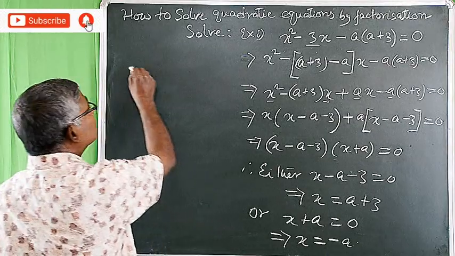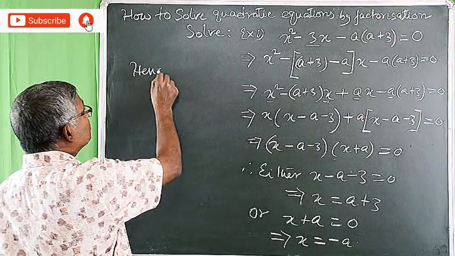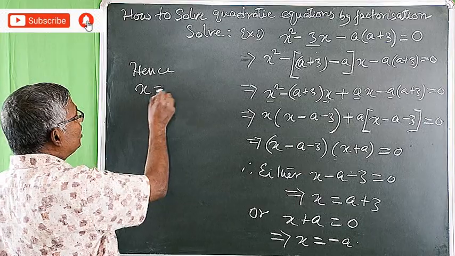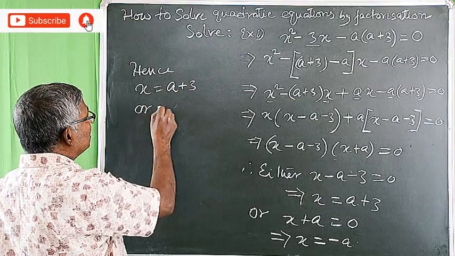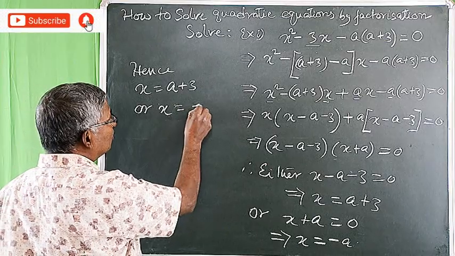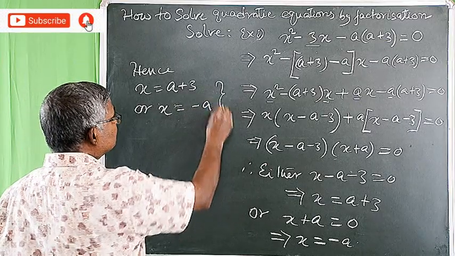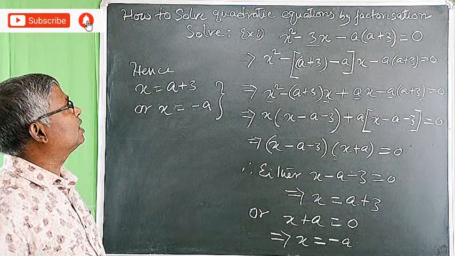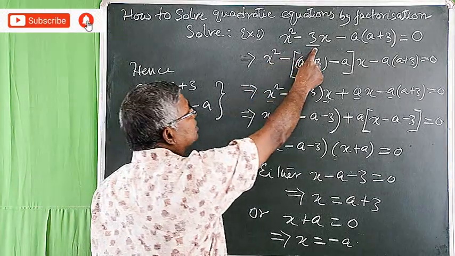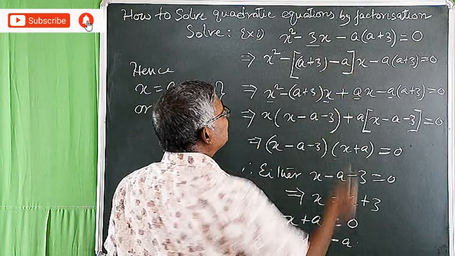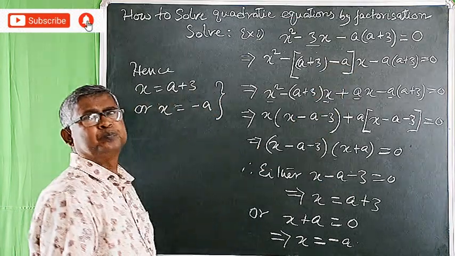Hence, x equal to a plus 3 or x equal to minus a. These are the solutions of the quadratic equation x square minus 3x minus a into a plus 3 equal to 0.